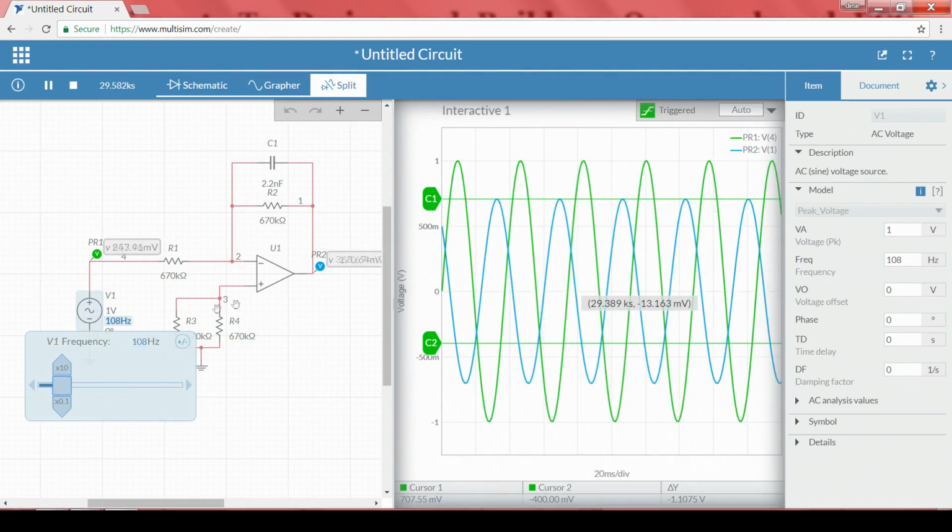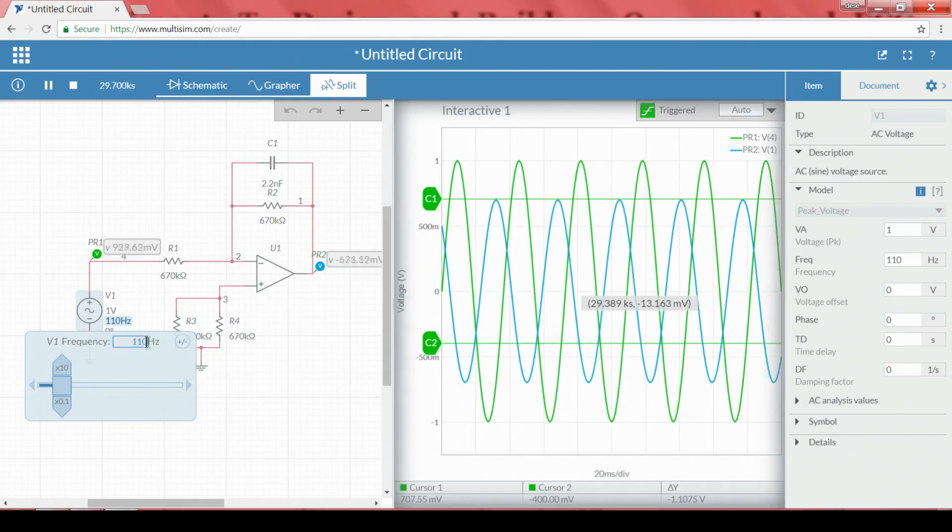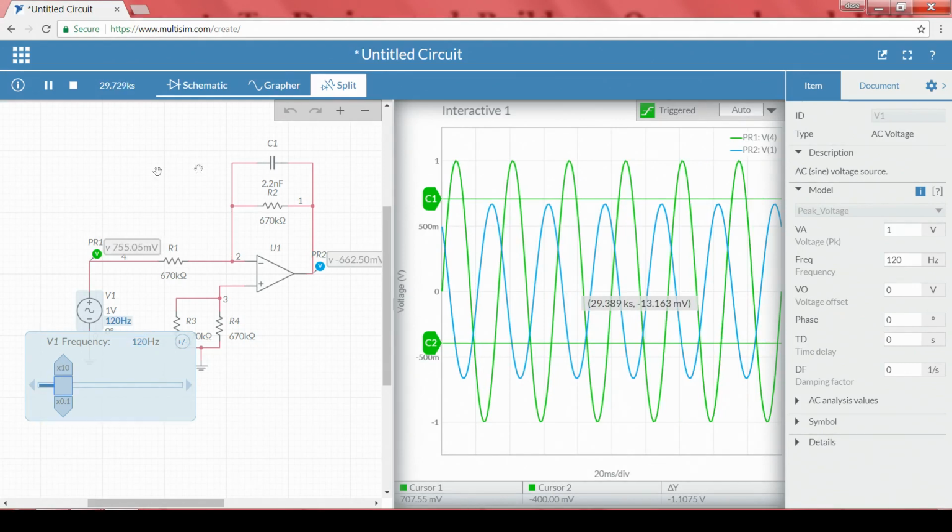If I see that, when the input is at 108 hertz, the output voltage is 707.55 millivolts. Even if I increase to 109, right, 110 it started slowly decreasing, 120 decreased. So, that particular value is nothing but our cutoff frequency.